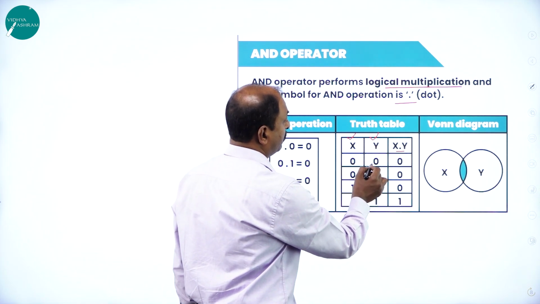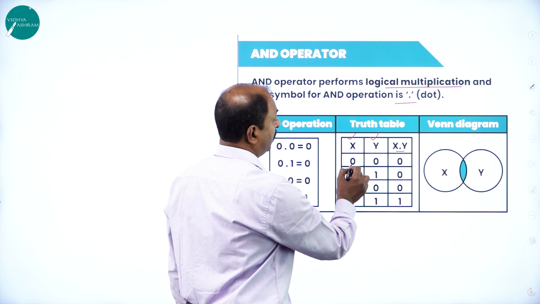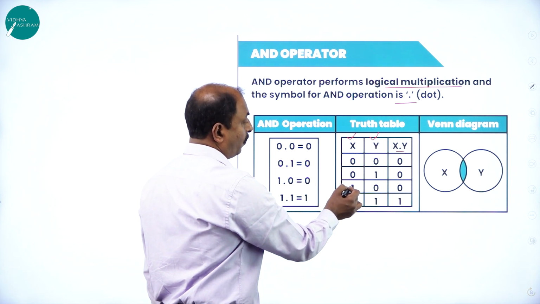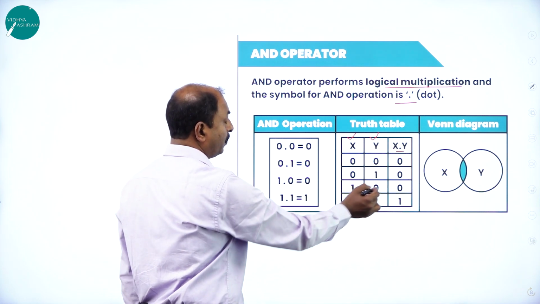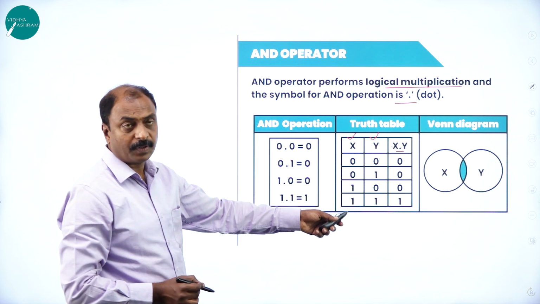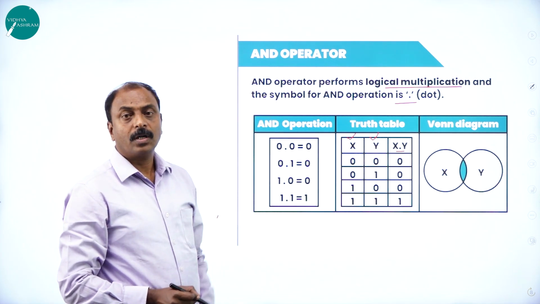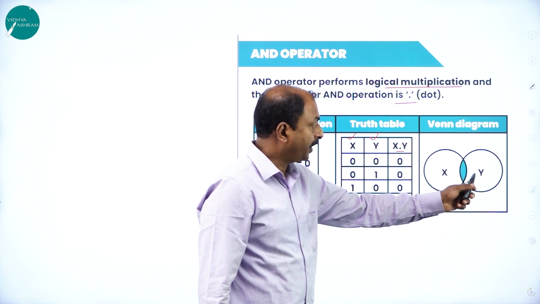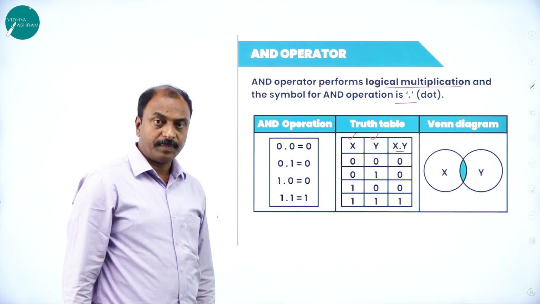So 0 and 0 is 0, 0 and 1 is 0, 1 and 0 is 0, 1 and 1 is 1. So this is the truth table for the logical AND operator. This is a Venn diagram. X and y are two different variables.